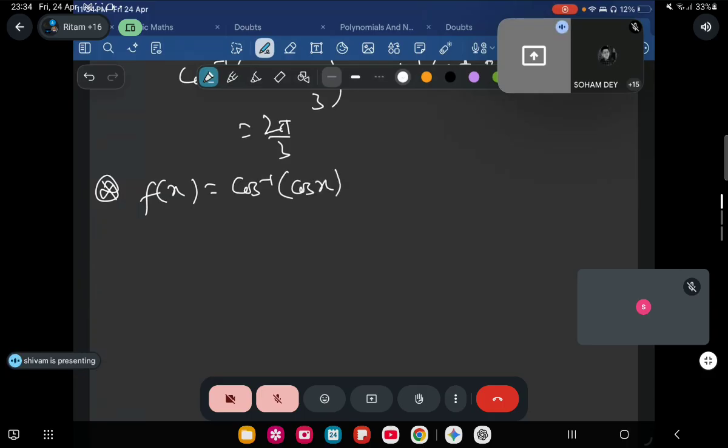So everyone, just notice f of minus x. What is f of minus x? What do you think? Is it the same as f of x? Tell me.